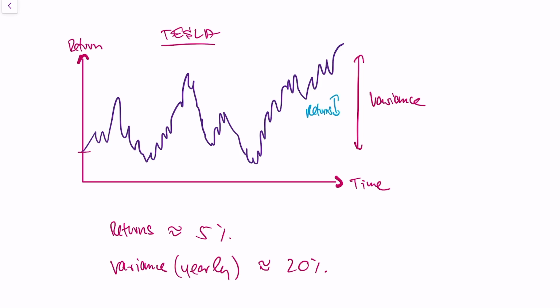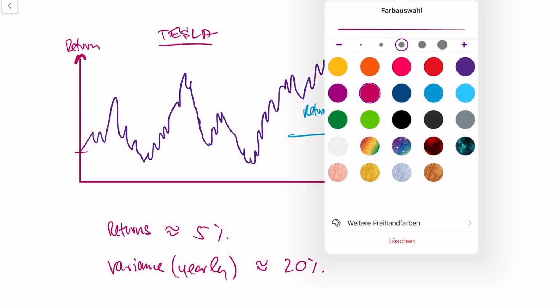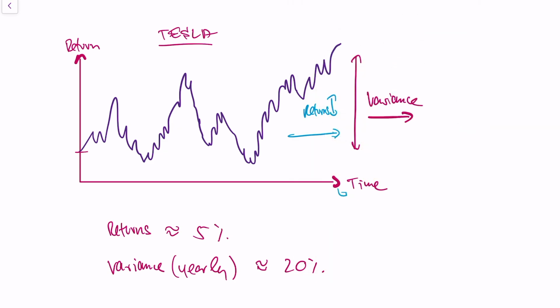So if we have a time series of data, then the variance is very dominant and the returns are hard to estimate. In other words, I need a much longer time series to estimate returns than I need a time series to estimate variances, right? Because variances are just more prevalent. They are larger in number, right?